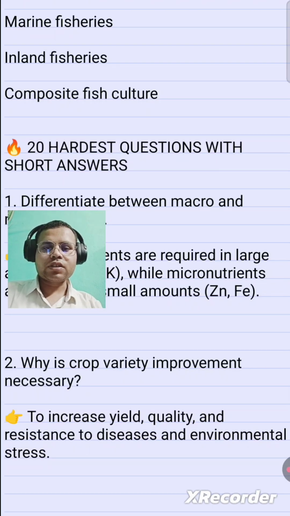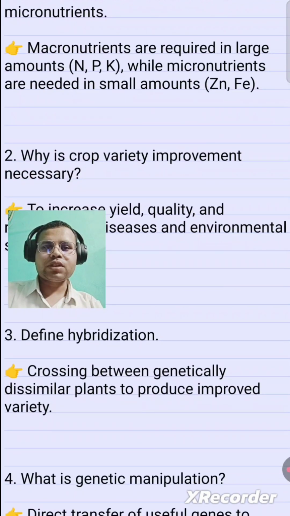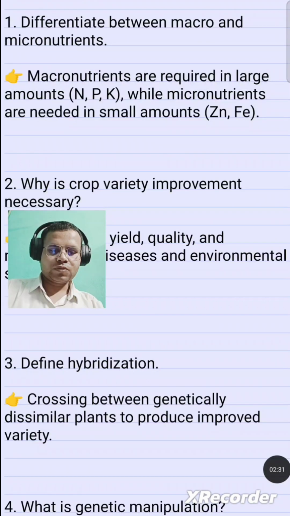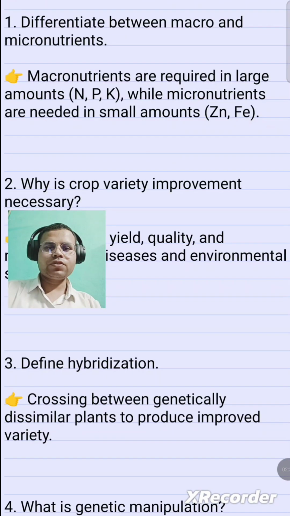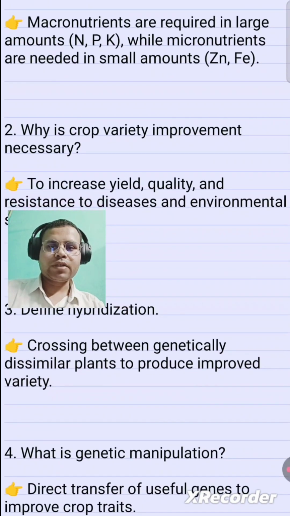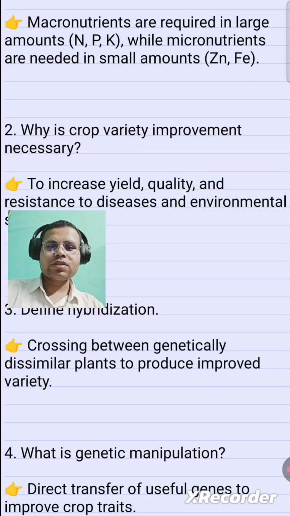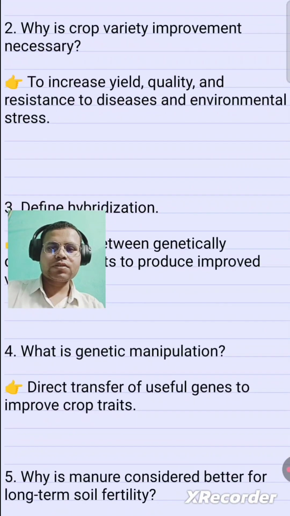After that, we are talking about the 20 hardest questions with short answers. Differentiate between macronutrients and micronutrients. Macronutrients are required in large amounts, NPK: nitrogen, phosphorus, and potassium, while micronutrients are needed in small amounts, such as zinc, in various crops.